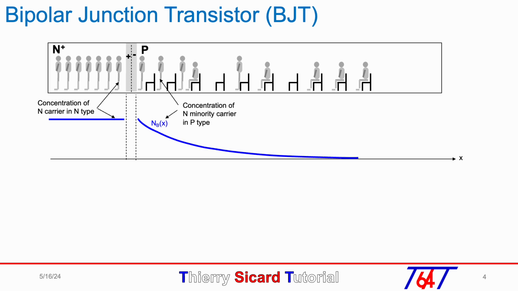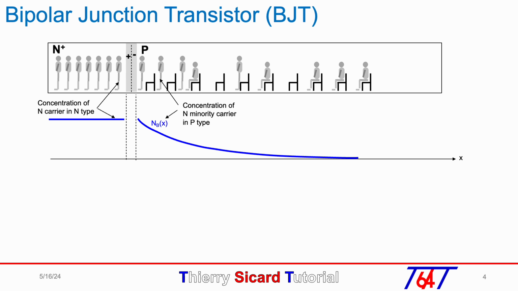The sitting person found the low energy position in the valence band. Each person needs some time to find a low energy position, so just after the junction we will find more stand-up persons, but as soon as we are far away from the junction, we will find only sitting persons.